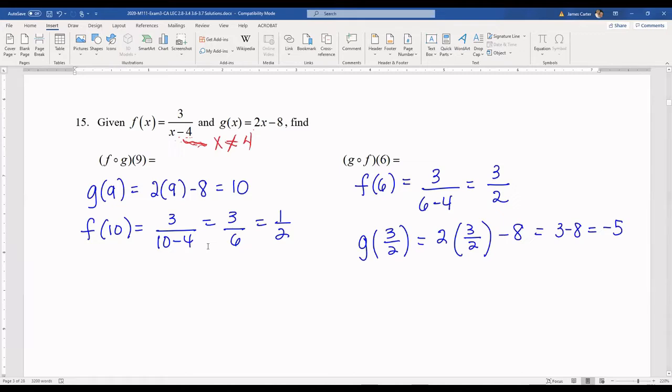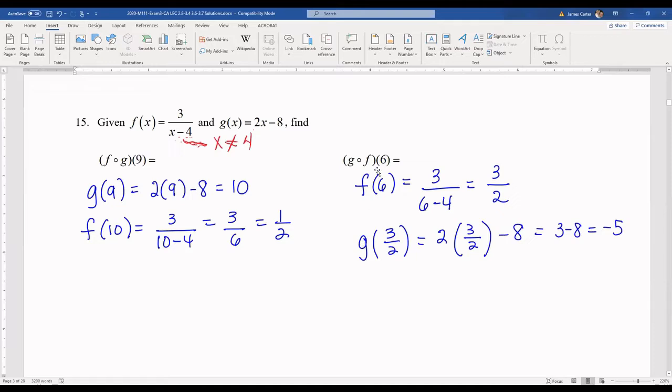When we reverse, we're going to reverse the order, and we're going to use a different substitution value. So I replace, here's 3 over x, the replacement, minus 4, okay? And that gives us 3/2 for f of 6.